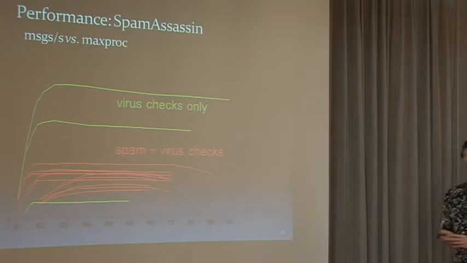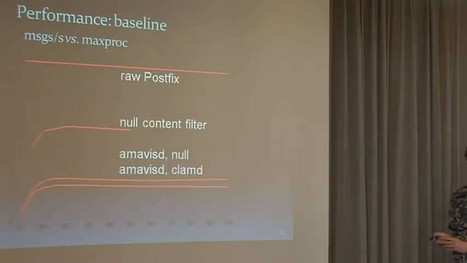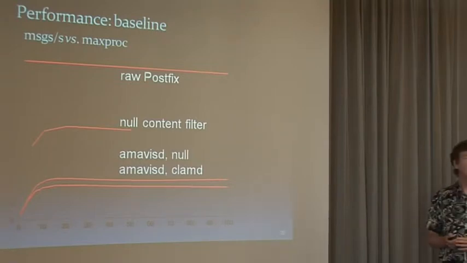If you go to the previous slide, this is really a worst case, because the link between the remote client and your first postfix is much slower than the link between postfix and Amavisd.